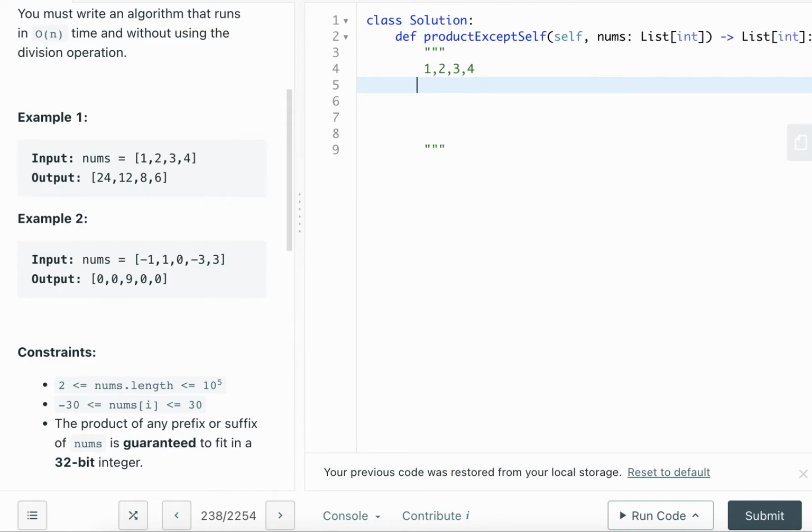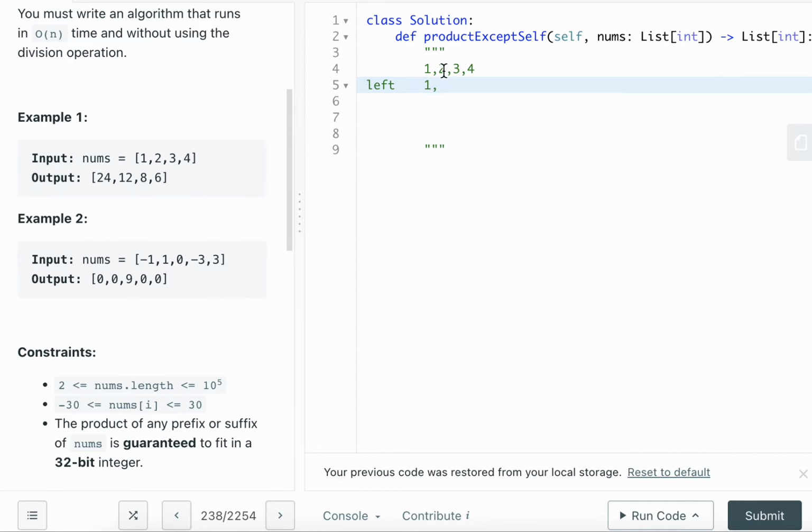So let's say that there's a left array here, and for the left, I'm going to calculate. For the first element, the left side is empty, right? Since it's multiplication, we can't assign 0, so we want to assign the left side as 1 here.